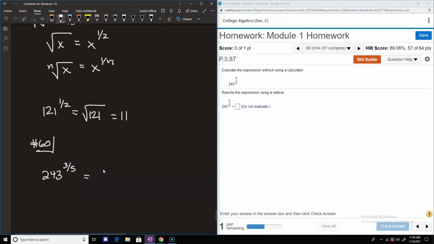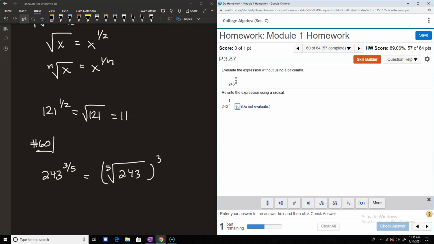So this would be the same thing as the 5th root of 243, I wrote 233, 243 to the 3rd power. So that's how they want us to start. So we start with this 5th root of 243, and then we need to raise the whole thing to the power of 3.